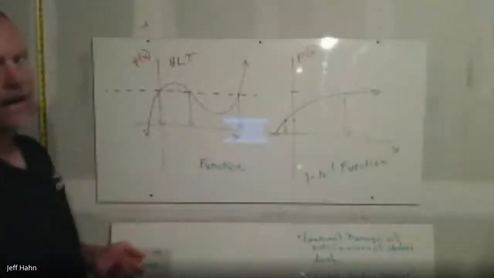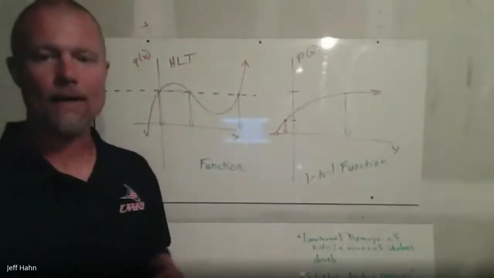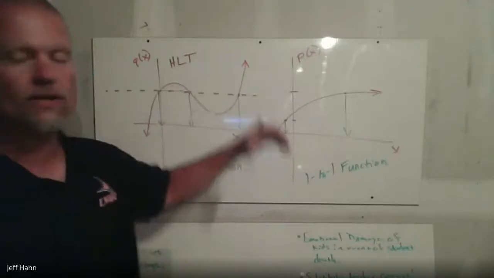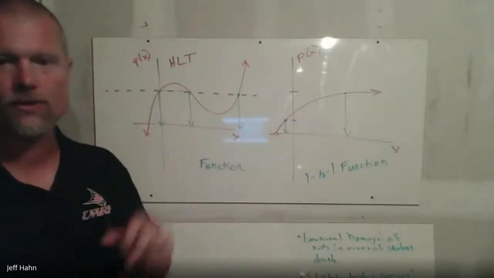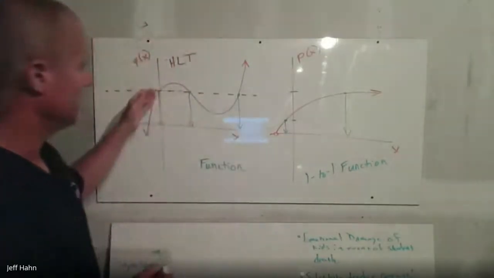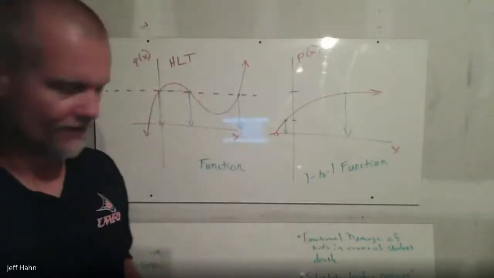If you show me a graph, you can justify why something is one-to-one by using the horizontal line test. Any horizontal line should only cross the graph once. If it intersects more than once, it's not one-to-one, because you've pressed the output button and it's showing you a bunch of different inputs where you have the same output.